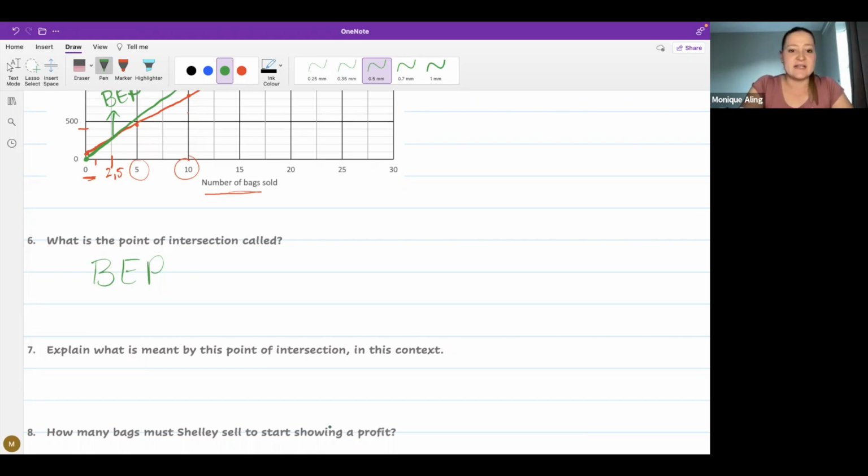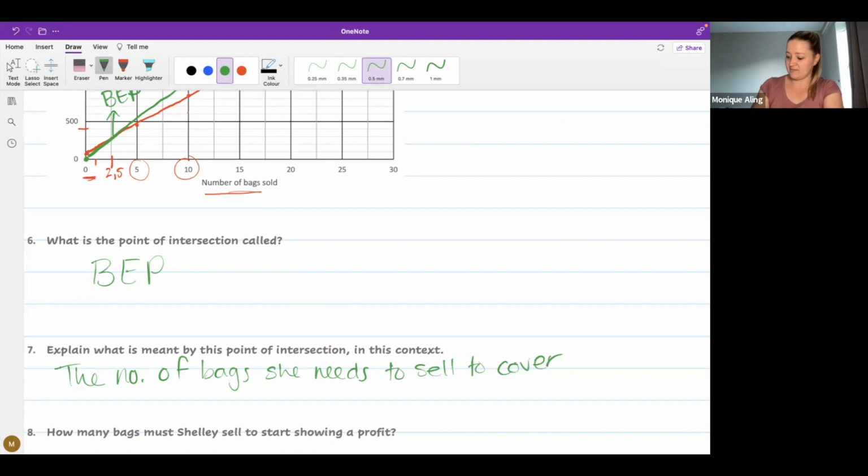Okay, so let's see when her income and the expenses were the same. Okay, so you can say that. So if we want to relate it more to her scenario, we can say the number of bags she needs to sell to cover all her costs.